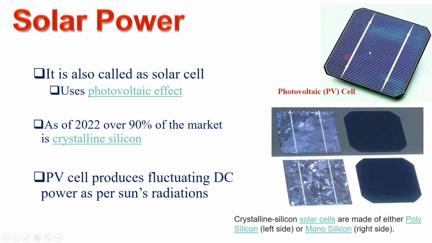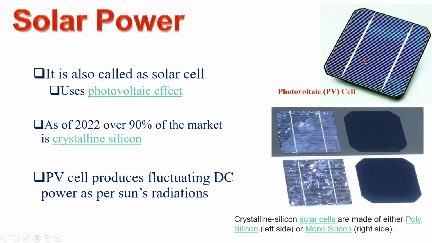This solar cell, or in other words a photovoltaic cell, as I said, photo stands for light and voltaic stands for producing voltage. So this PV cell, in short form, or solar cell produces a fluctuating DC power as per the sun's radiation. When sunlight falls on the surface, it produces fluctuating DC power.